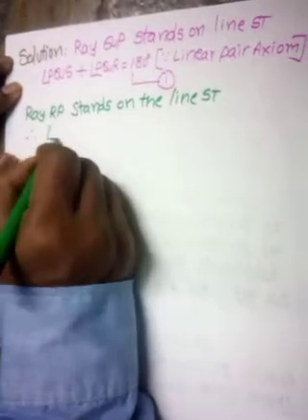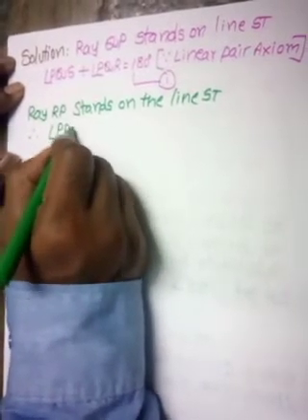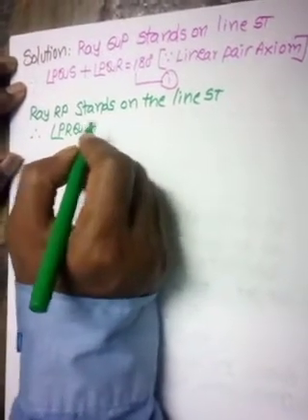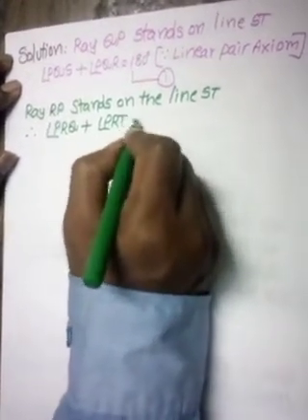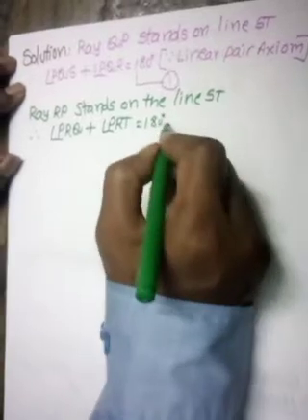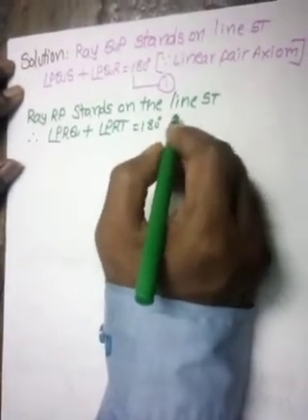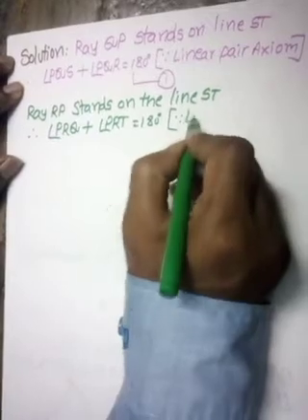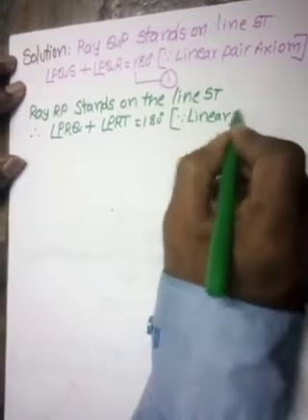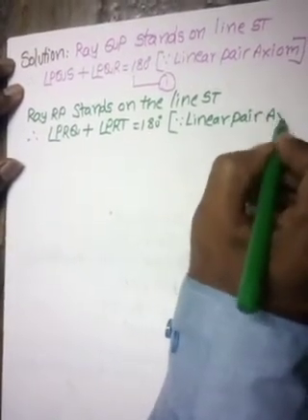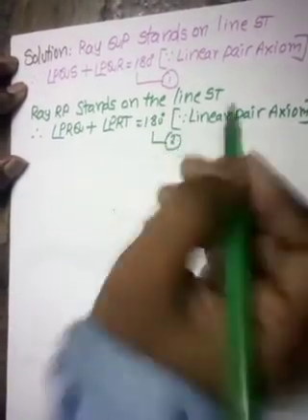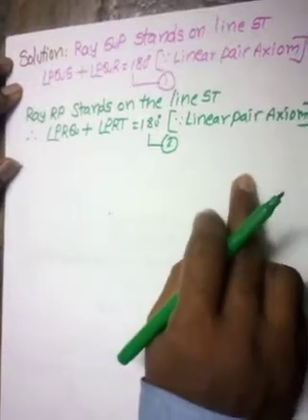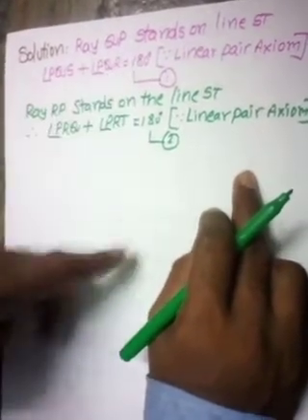Angle PRQ plus angle PRT is equal to 180 degrees. This is also by linear pair axiom. Linear pair axiom. Consider this as equation 2. If you observe these two equations, both are equal to 180 degrees.